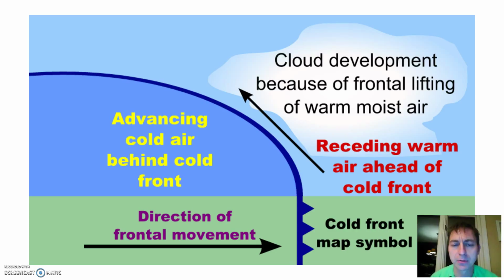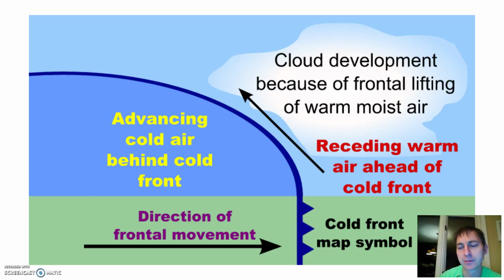So note how the shape of the boundary looks different. The cold air is behind here, and it is moving in this direction, and that is causing the frontal boundary to move in that same direction. And what we're seeing is that the warm air that's out in front is getting pushed up rather rapidly. So the angle at which it gets forced up is much more vertical than what we saw with a warm front, where it was a much more gradual rise of the air.